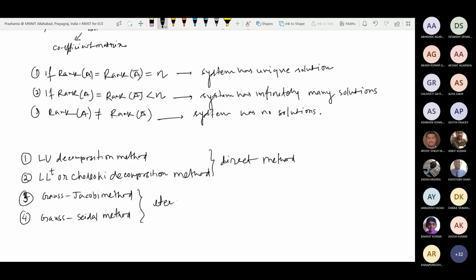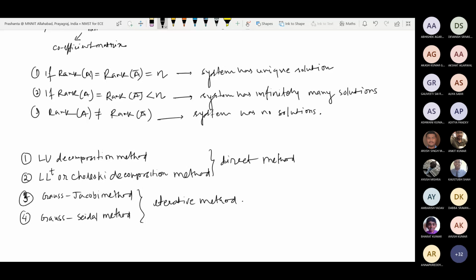Iterative means what? You will start with some initial guess, and after each iteration you will get an improved solution, and you will keep on repeating the process until you get the solution with desired accuracy.